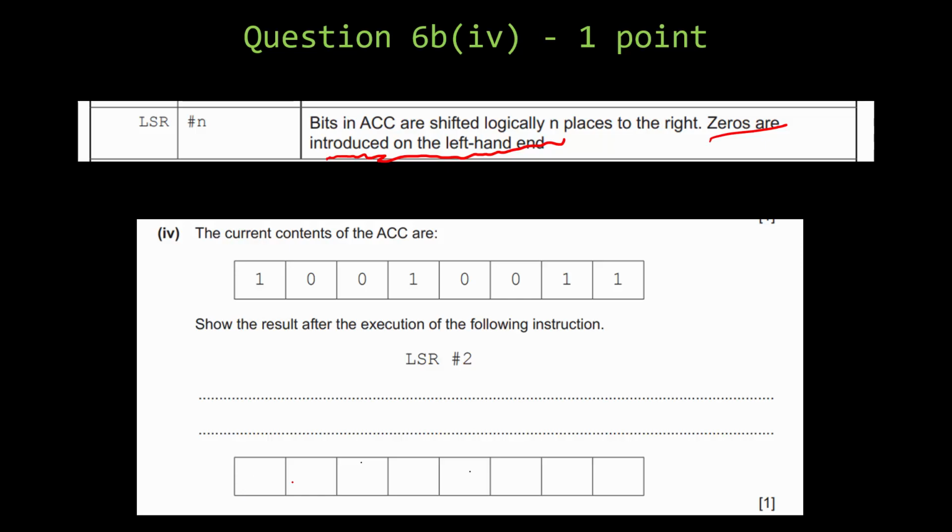If you leave these blank, that's going to be incorrect. So all we're going to do is move this 1 over 2 places. Followed by the 0. Once I identify this first number, we're good, because all I have to do is write the rest of it. So we have the 0, this next 0, a 1, a 0, and a 0.